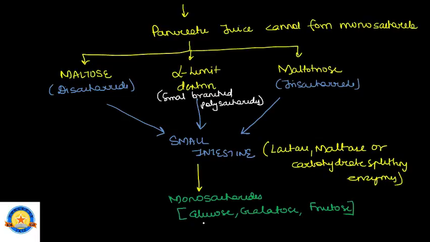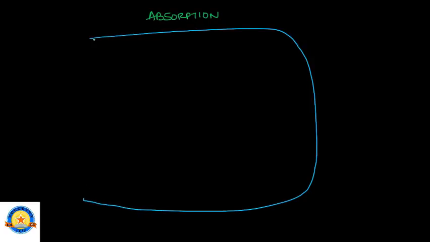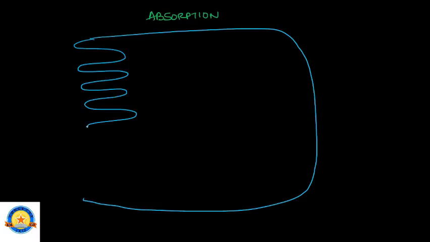Now, after this step, absorption occurs. How does the absorption occur? Again, we will see. There is one cell. This is my small intestinal cell. We have to draw it. So this is the lumen, the intestinal lumen.